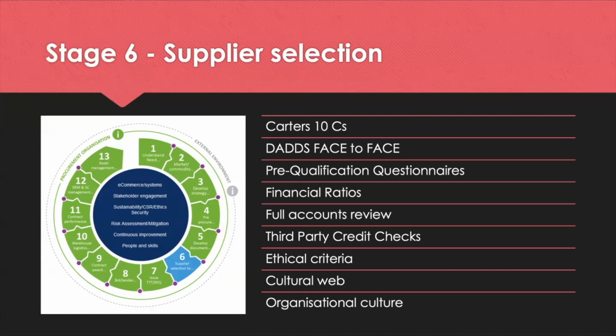You can do a bit of financial ratios, look at things like liquidity, profit and loss, gearing, or do a full accounts review, even leaning on a third-party credit reference agency. But also consider things like the ethical criteria here, sustainability, CSR, and the cultural web. What's the culture like between your organisation and their organisation? Are you compatible?